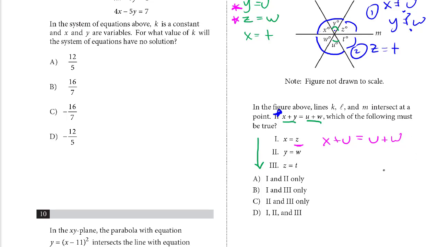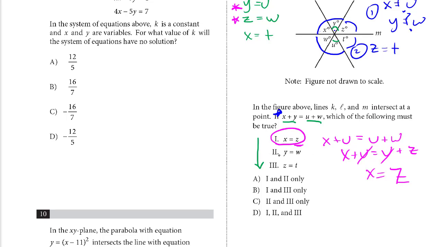And I can do that with my second vertical angle equation. X plus u equals u plus z, substituting that for w. My u's cancel each side. X equals z. So Roman numeral number 1 is true, right? I solved that by using substitution among my different equations.